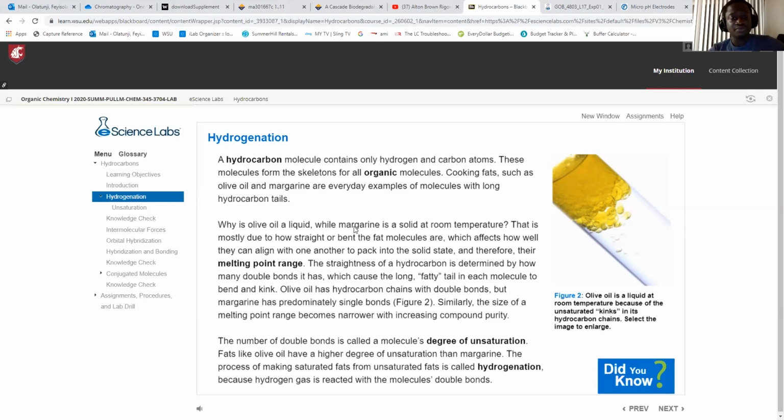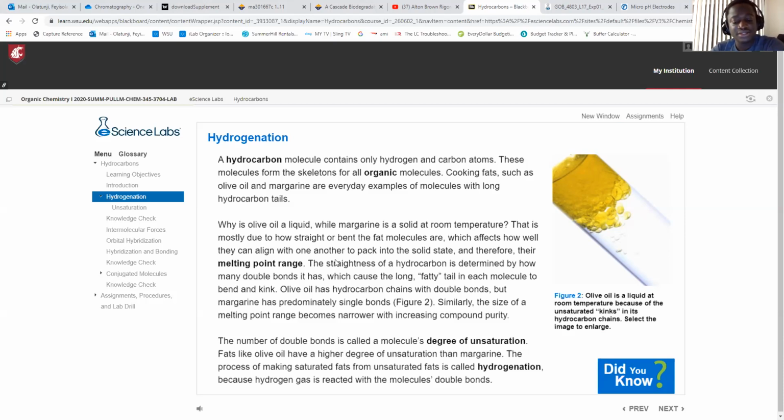For example, if you look at margarine and olive oil, they all have a very long hydrocarbon chain or tail. And that tail allows the molecule to pack in a specific way. The tighter the packing you have, the stronger the interaction you have between the molecules, the higher the melting point or the higher the boiling point.